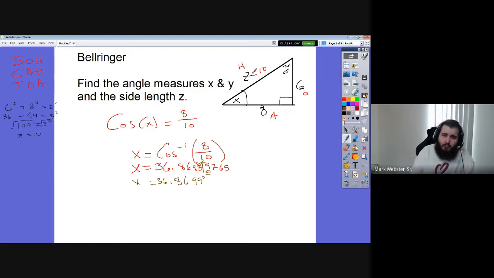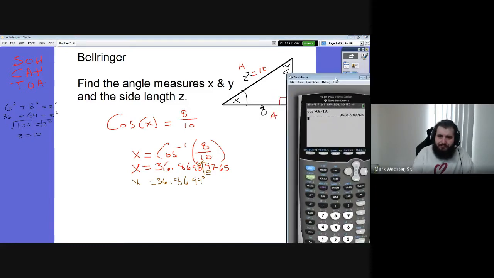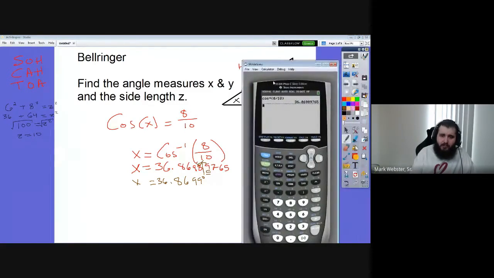Now with this last one, notice I already have 2 out of the 3 angles. Well, all I have to do is 180 minus these 2, and then I've got my answer, right? So let me do that. And I'm going to use the whole exact number because I want to be as accurate as possible. So 180 minus, well, the right angle is 90, minus this thing I just found, the angle for x.